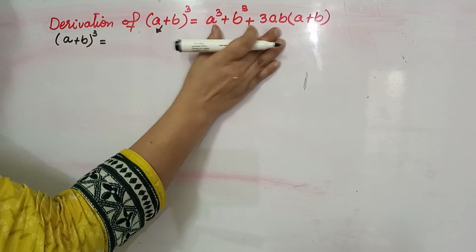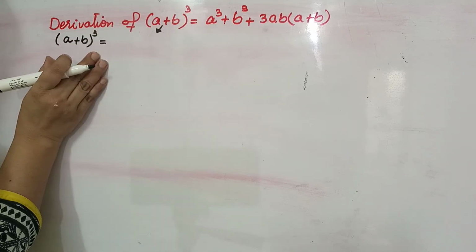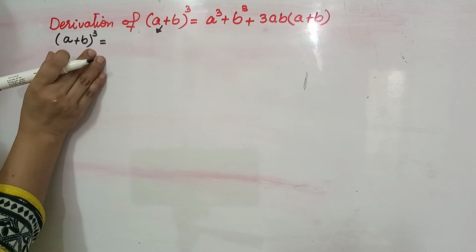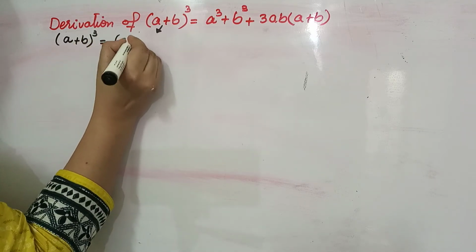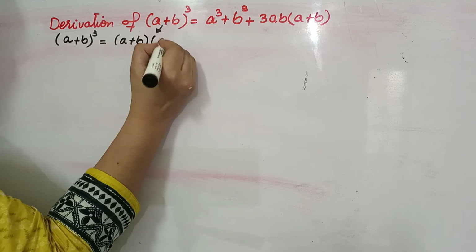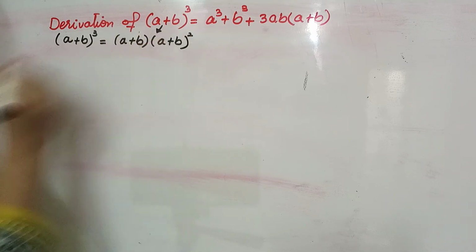For proving this, I am taking the left hand side, and (a+b)^3 can be written as (a+b) into (a+b)^2.